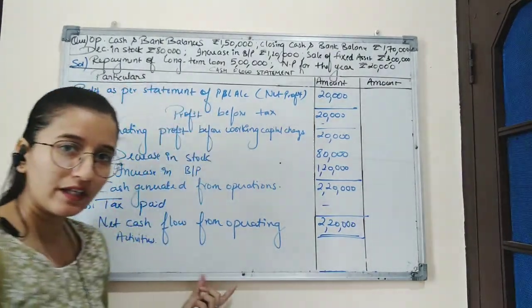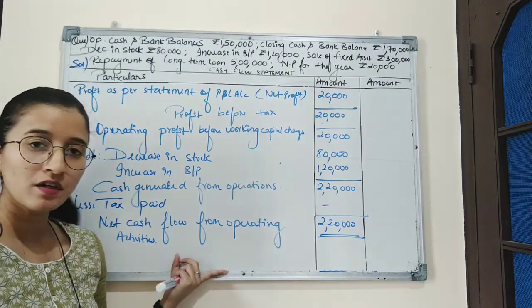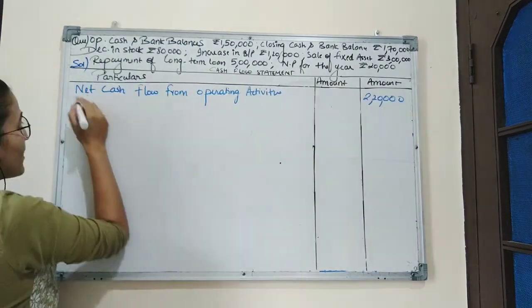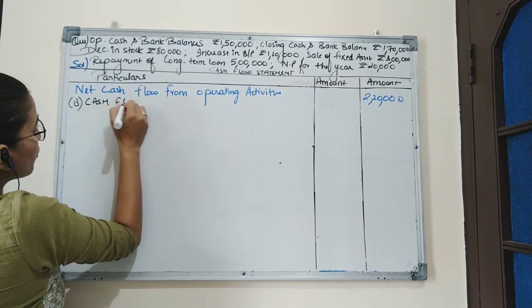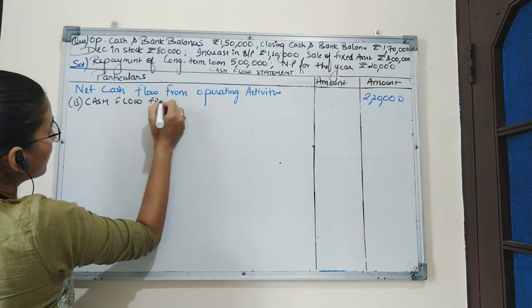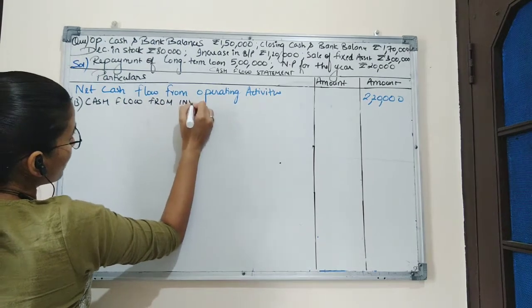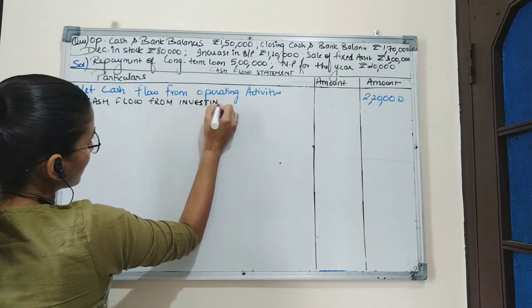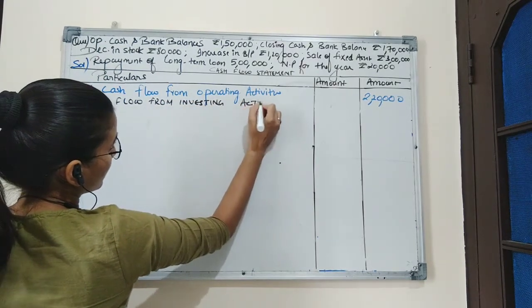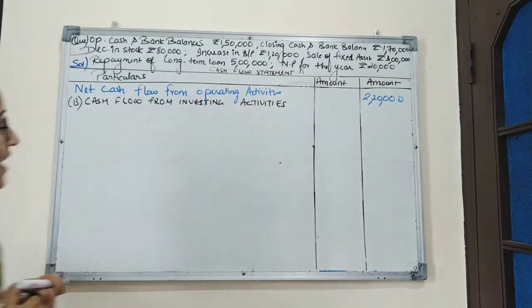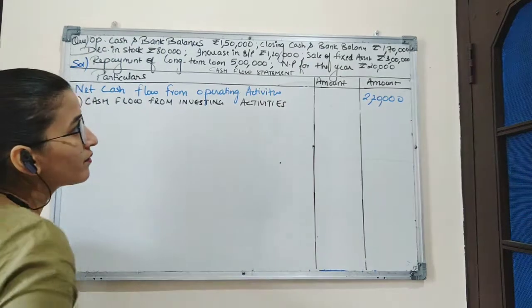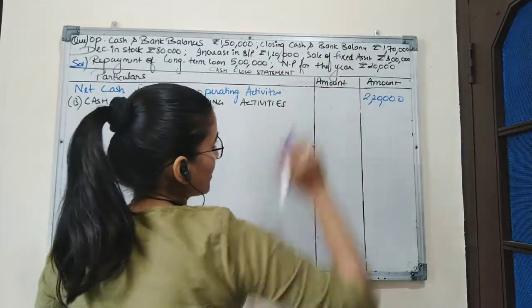Next type of activity is cash flow from investing activities. So next will be cash flow from investing activities. As in the question it is given, sale of fixed asset.